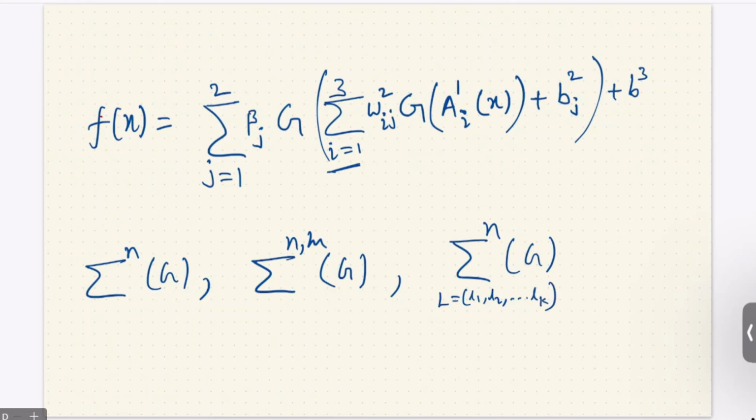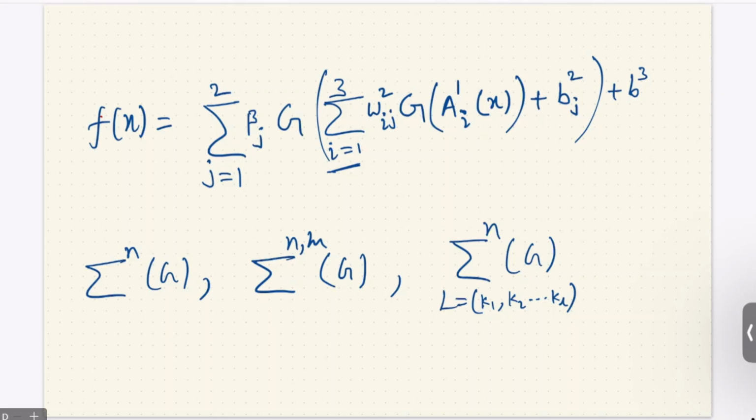There are K layers, or otherwise I can say the number of layers L equal to K1, K2, and so on KL. So K1 neurons in the first layer, K2 neurons in the second layer, KL neurons in the Lth layer. That is what we have just seen.